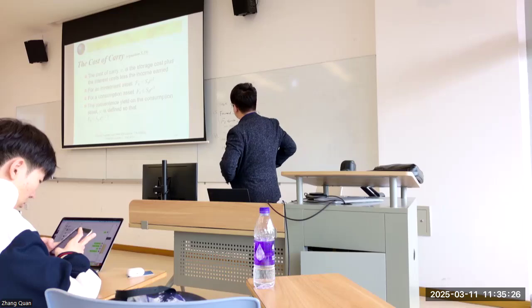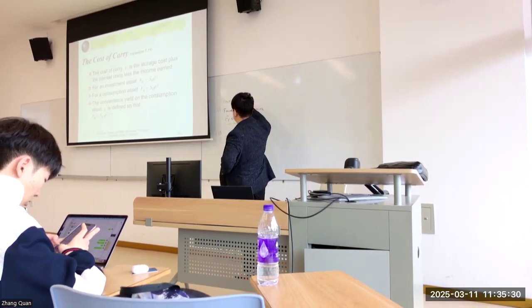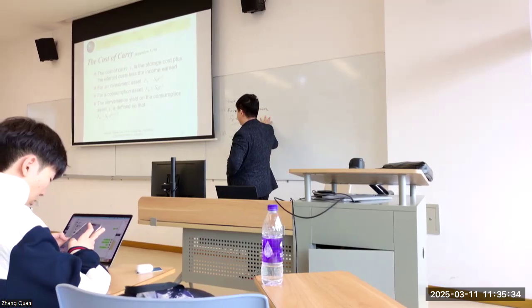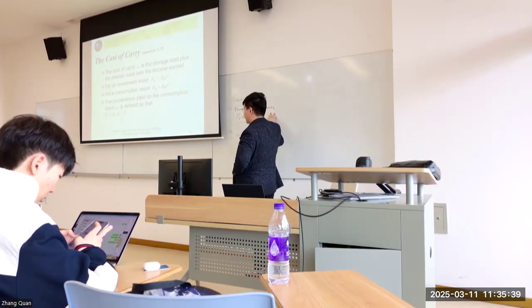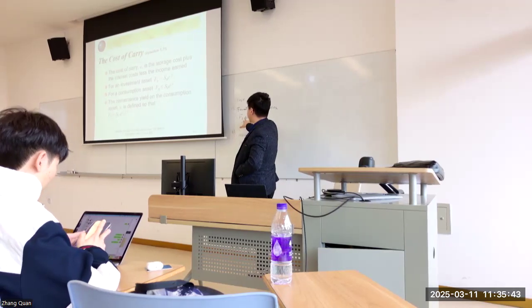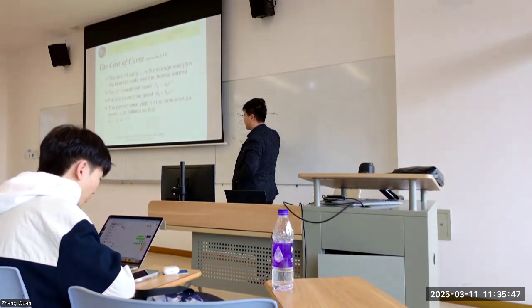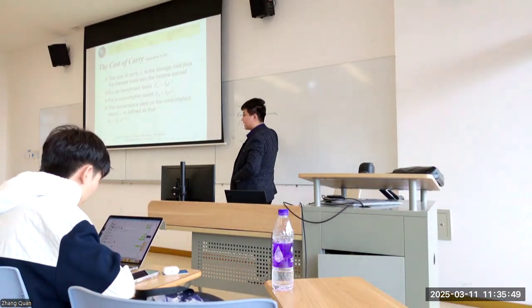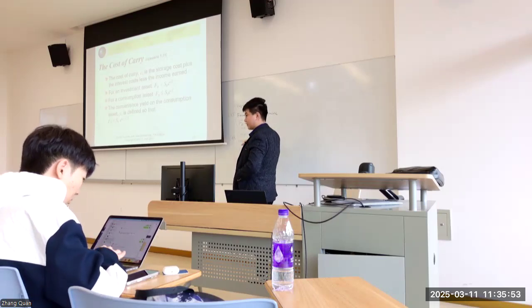Today our job is to finish chapter 5, conclude cost of carry, and there are two more points we want to include: the forward price and future price differences, and the relationship between future price and the expected spot price. We also want one example to let you see, after you learned how to determine the future price, what you can do in the market.